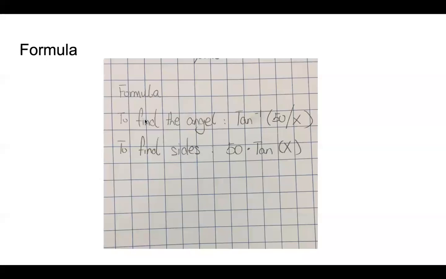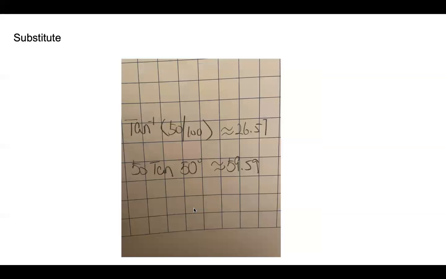So this is the formula that I use to find the angle and the side. To find the angle, we use tan inverse of 50 divided by the side, and to find the side, 50 times tan of the angle. This formula pretends that one of them is correct, so I substitute in the values that she gave to us.